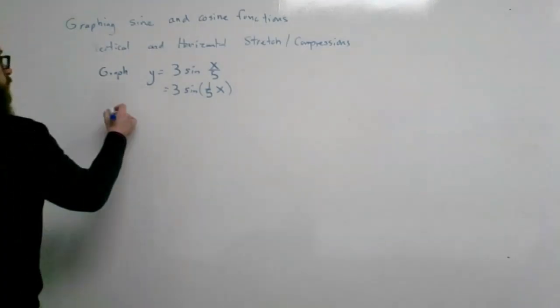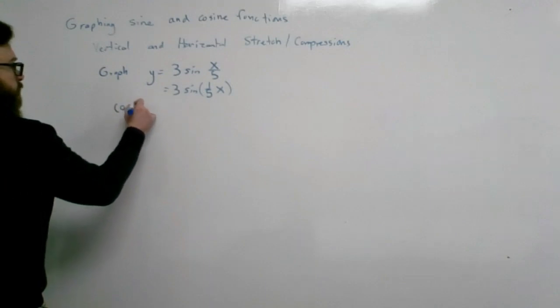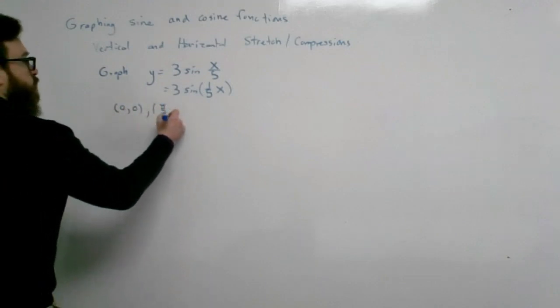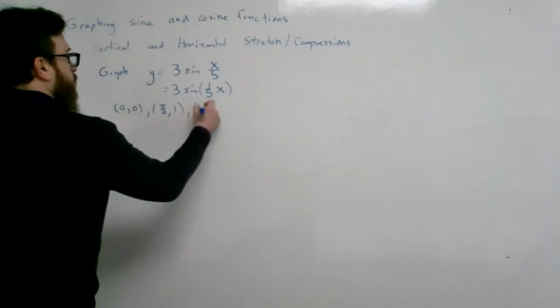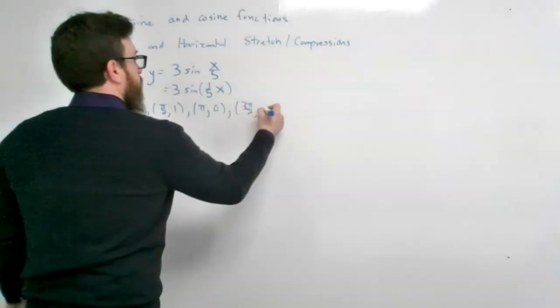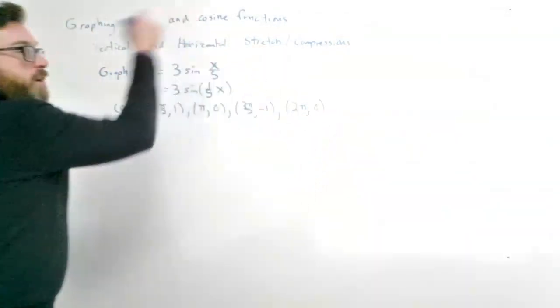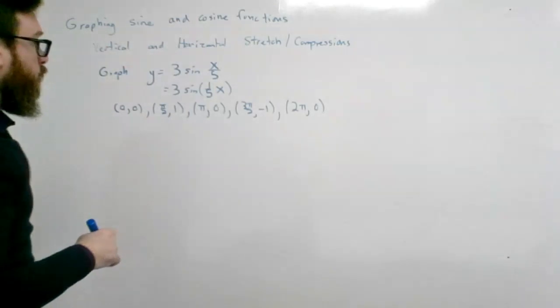Our function was 0, 0, pi over 2, 1, pi, 0, 3 pi over 2, -1, and then 2 pi, 0. Again, remember just the quadrantal angles and then the y coordinates.